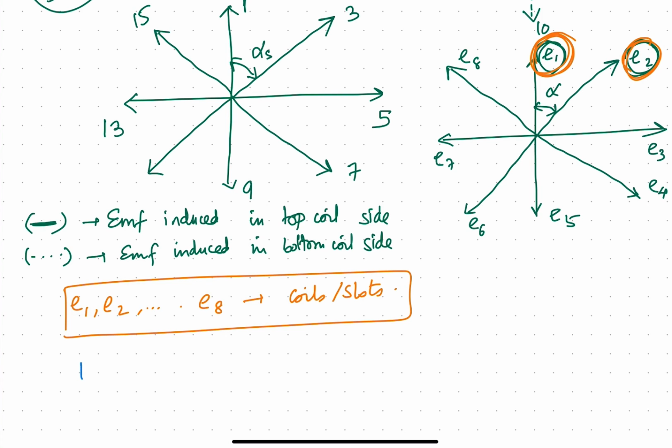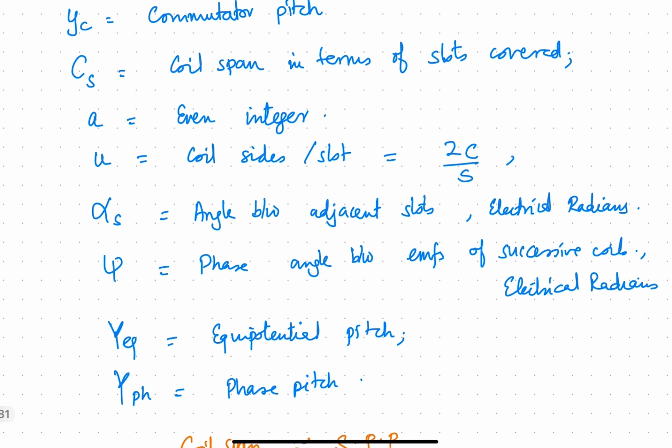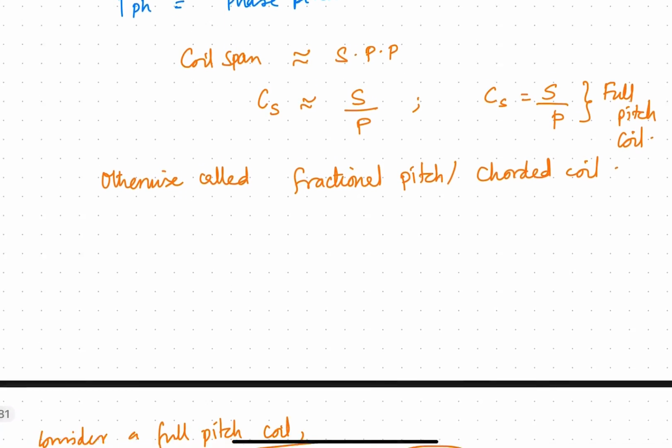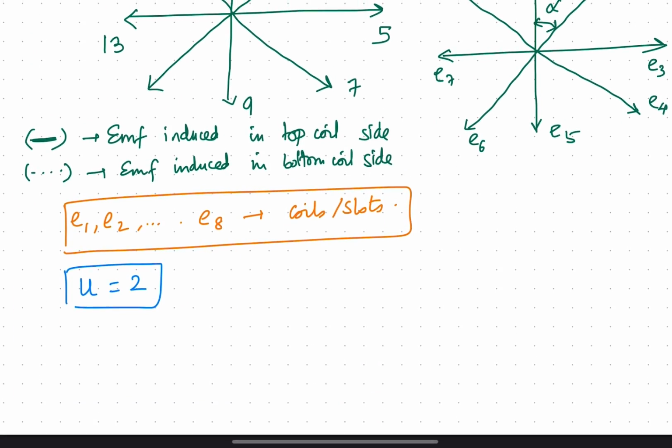Going further, we will take a case where the parameter u which we discussed earlier, which is the coil sides per slot, we take this u to be equal to 2 for simplicity. This is the case where we have two coil sides per slot. So when this u is 2, what happens?